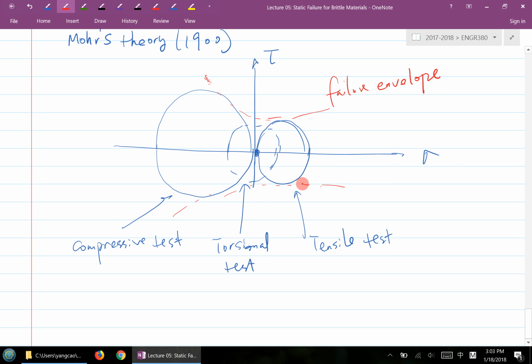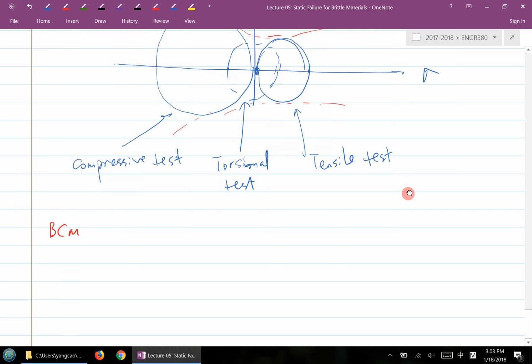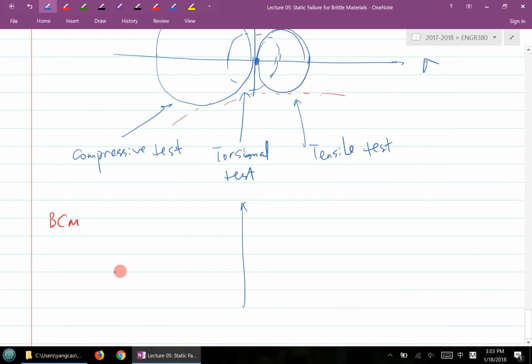So the brittle Mohr circle essentially here is BCM. Let's take a shortcut, an easy solution. The easiest solution for BCM is, here is your tensile test and here is your compressive test, without worrying about the torsional test.